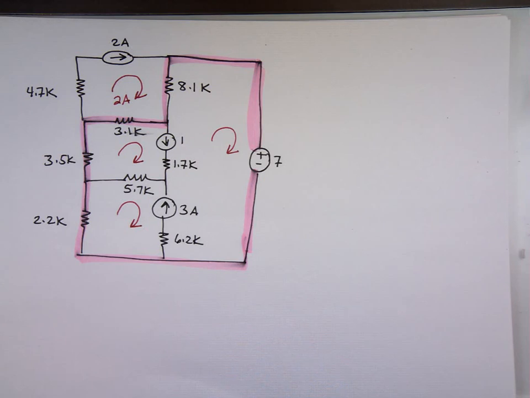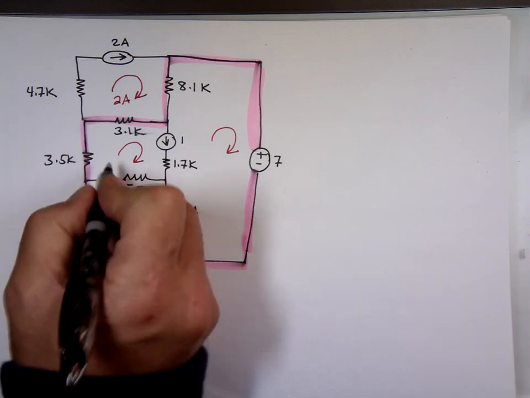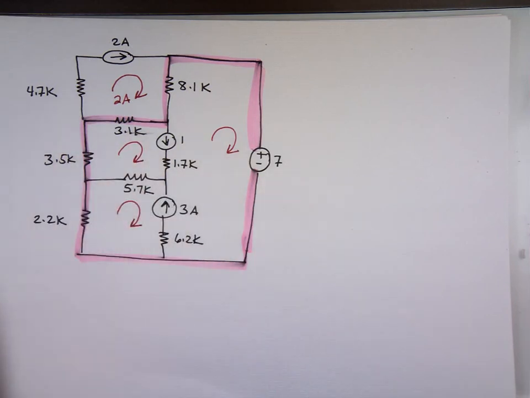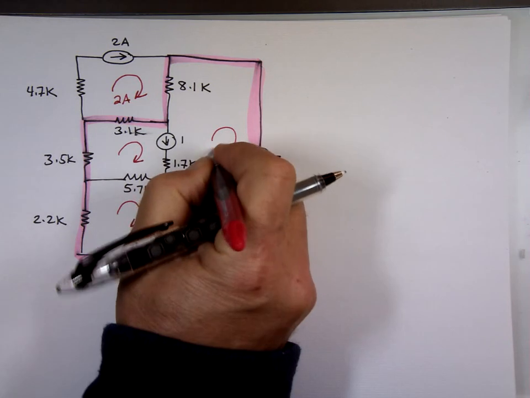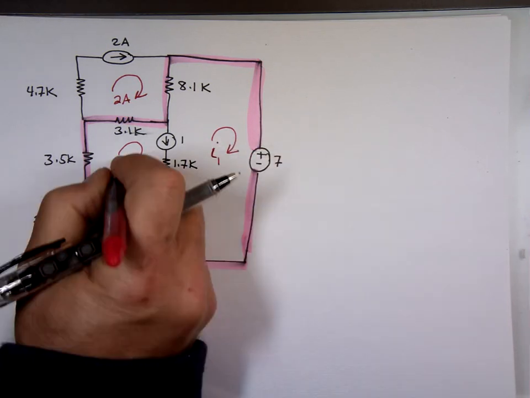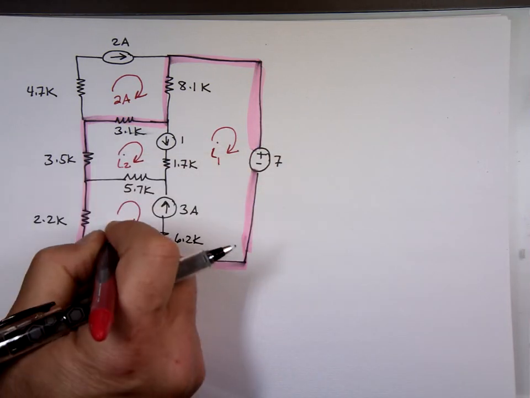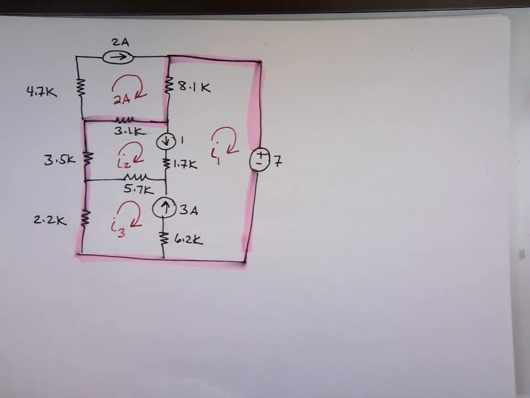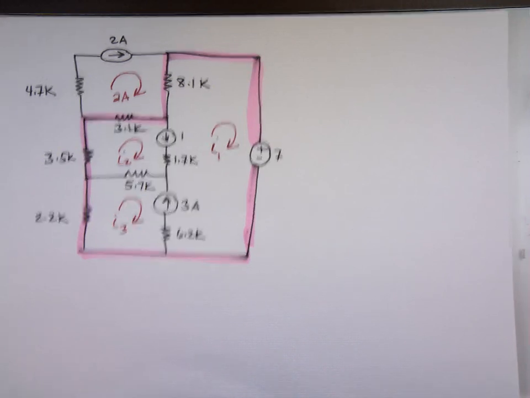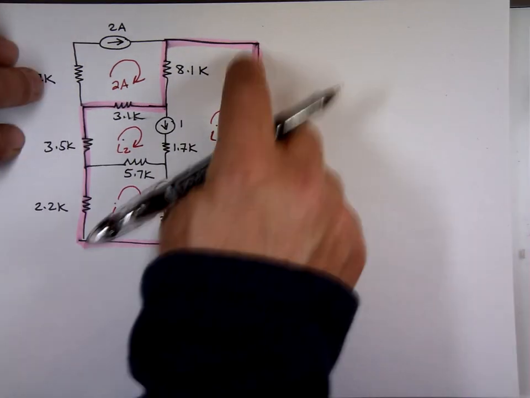So let me label these currents: I1, I2, I3. If I go on the outside and follow that, let's travel this way. I'm entering the plus to minus.